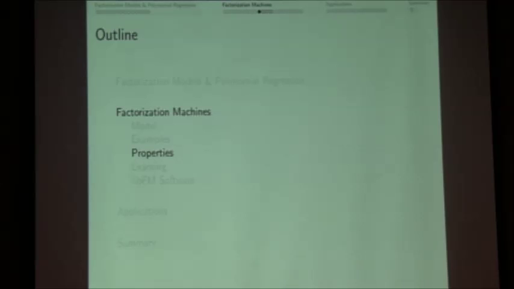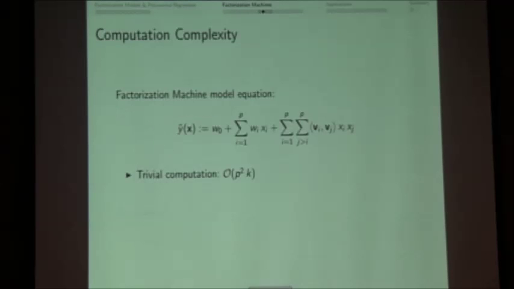I want to talk shortly about the properties of the factorization machine. If you look at this model equation, it looks at first glance a bit scary because you have these nested sums, 2 times the nested sums of p, and there's actually a dot product, which is the sum of k things. So it looks like computing just this equation is p squared times k, which looks a bit frightening.